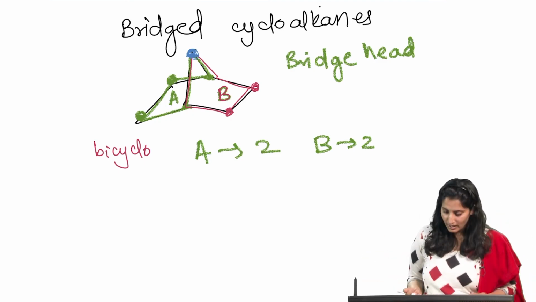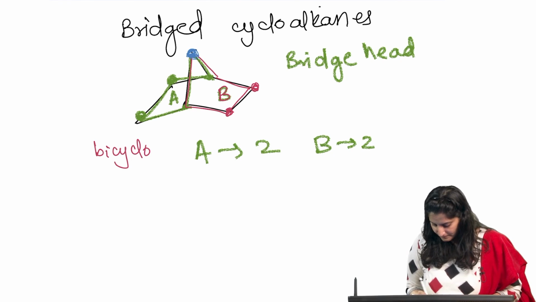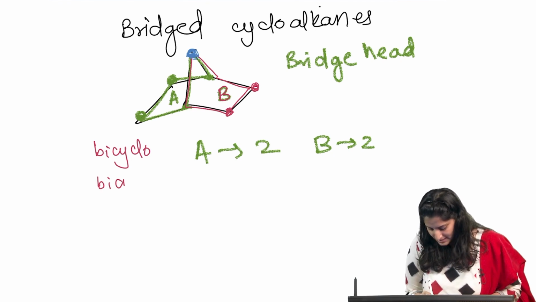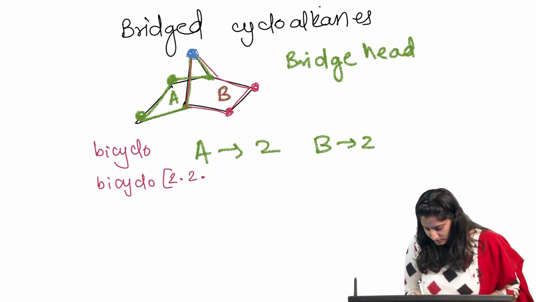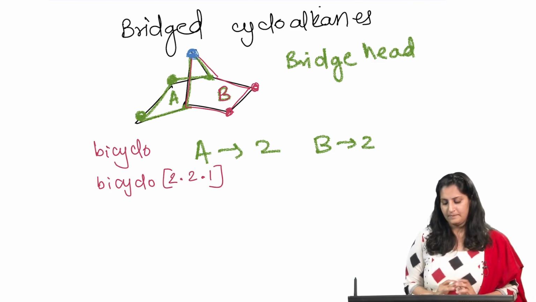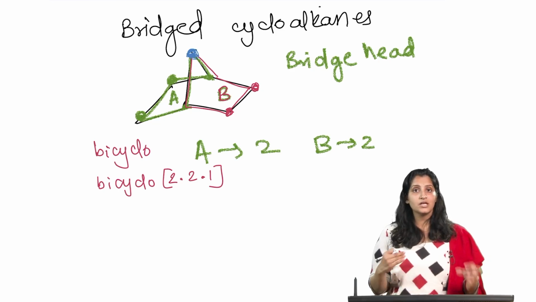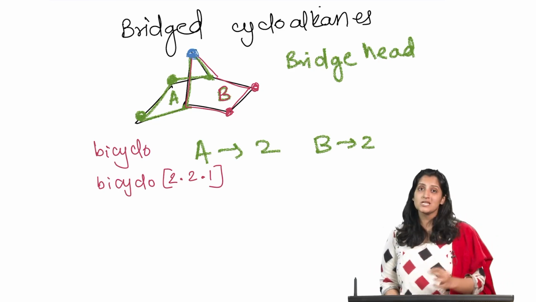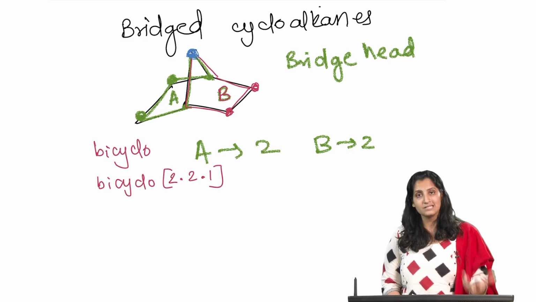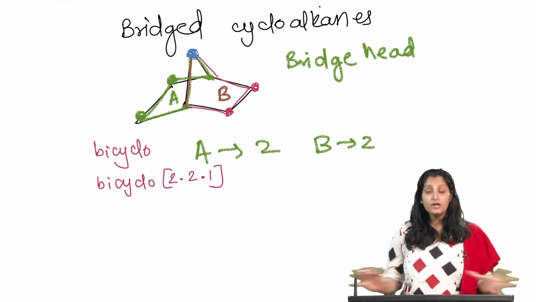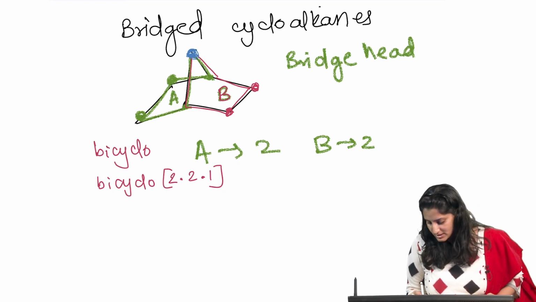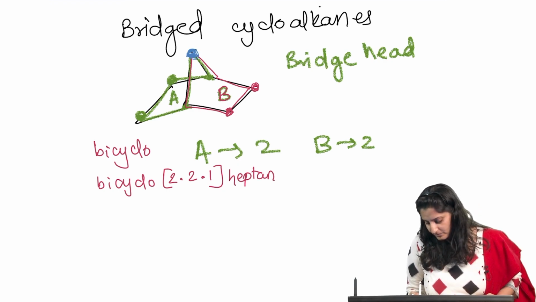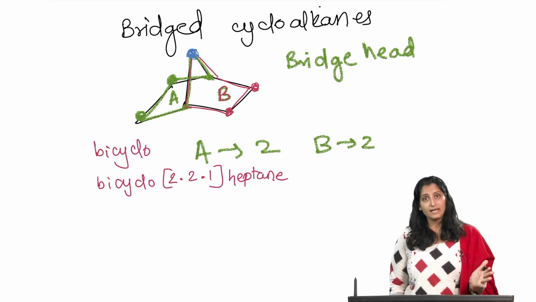So, now when I have to write down the name of this particular compound, I start writing bicyclo in brackets 2.2.1. Okay. So, that is about each ring individually, but now we have to also state how many carbons are total present in this particular compound. So, if I count the total number of carbons, that comes out to be 1, 2, 3, 4, 5, 6, 7. So, this is a heptane derivative. Okay. So, this is bicyclo 2.2.1 heptane.